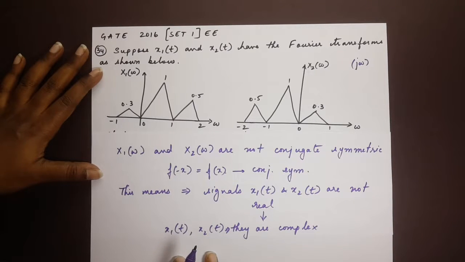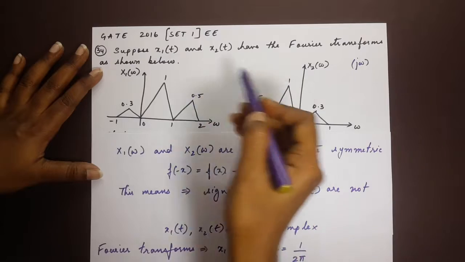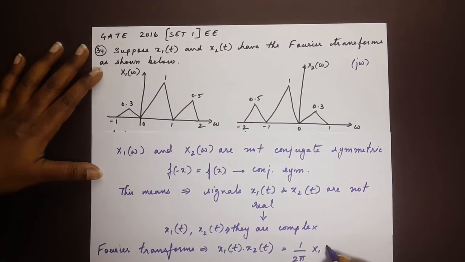Then the next part is they want to find out about the multiplication of both signals, x1 of t times x2 of t. Now for Fourier transform, because the question tells us specifically that it is based on Fourier transform, the Fourier transform of x1 of t times x2 of t would be 1 by 2 pi times the two forms given here, x1 of j omega and x2 of j omega.